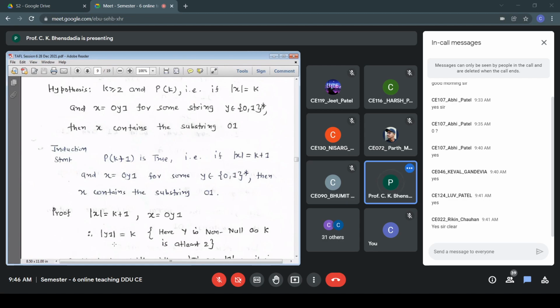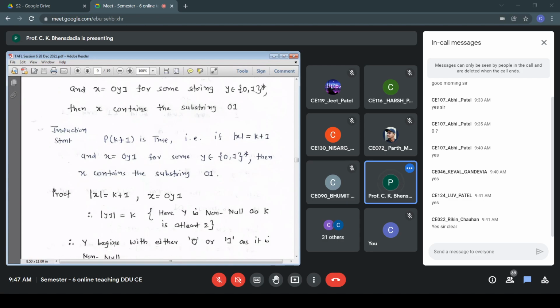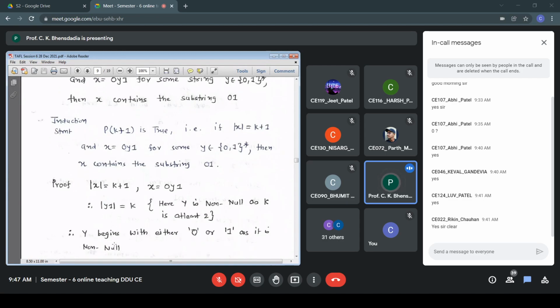And because y is not null, y begins with either 0 or 1. This is the next inference: y begins with either 0 or 1 as it is not null.